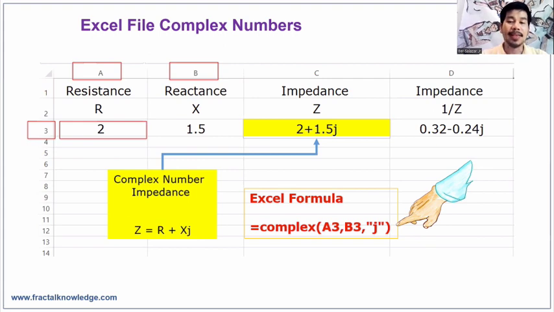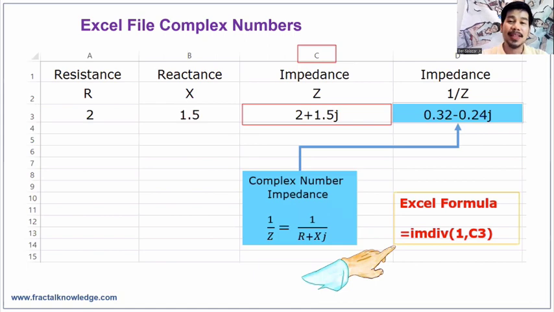Then you have a complex number of 2 plus 1.5J. Remember that you have to be consistent with the J operator or I operator under double quotation. When you use J, use it in the entire calculation and don't mix up, okay?